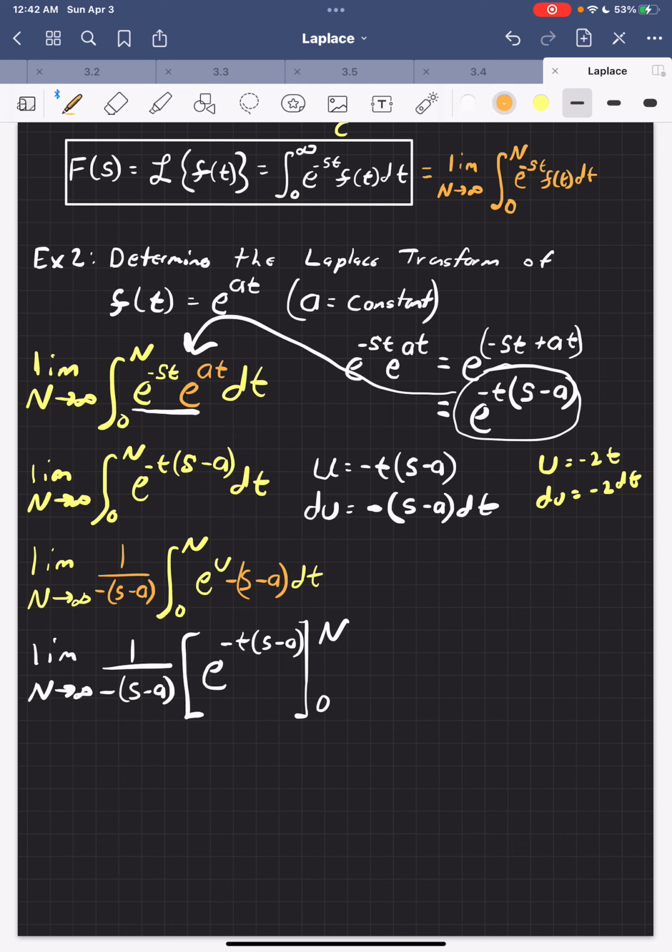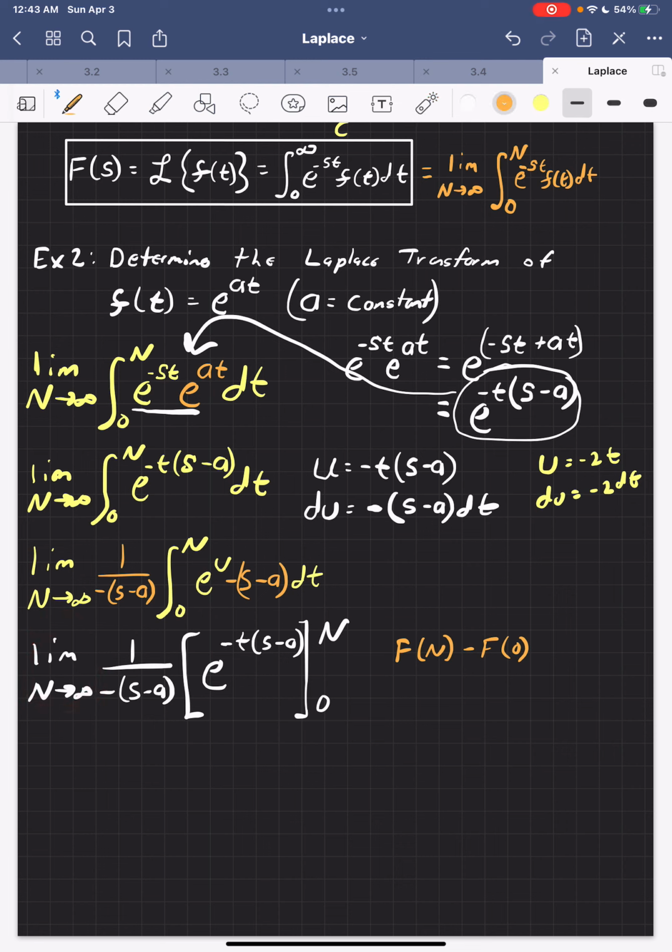At this point, it's a matter of f of n minus f of 0. So again, just realize that the n is being plugged in for t, the 0 is being plugged in for t. And of course, always with improper integration, the last step is to evaluate the limit.